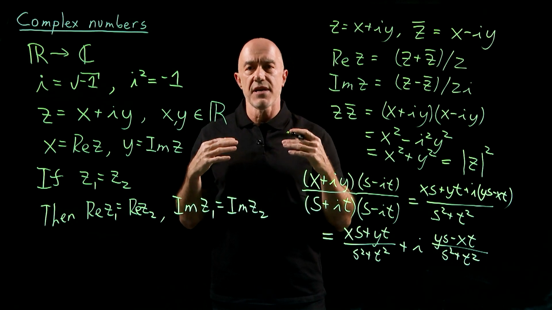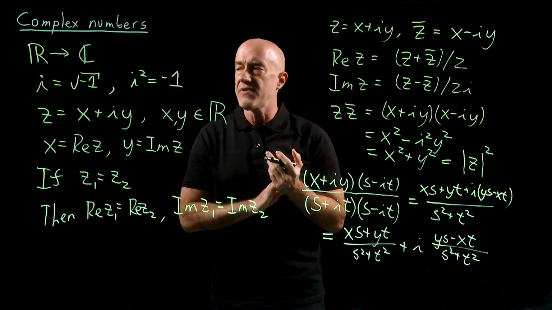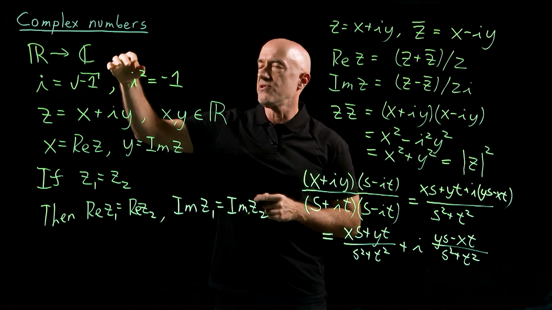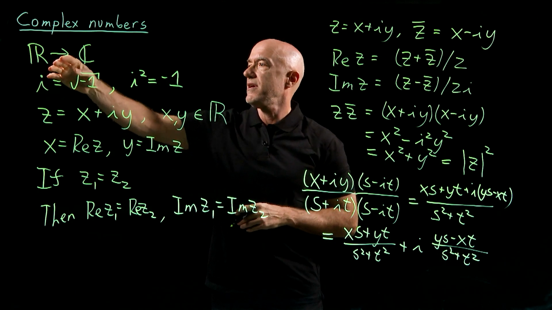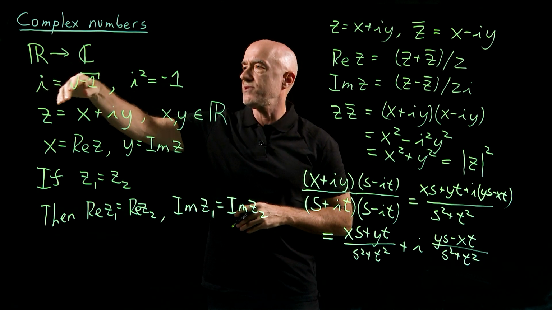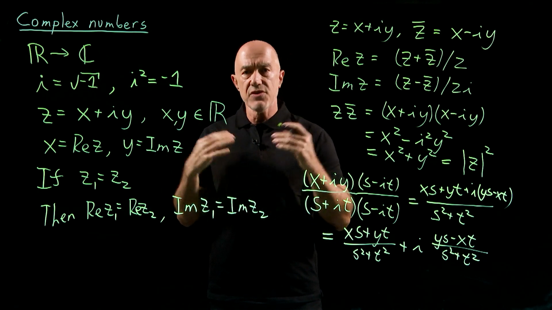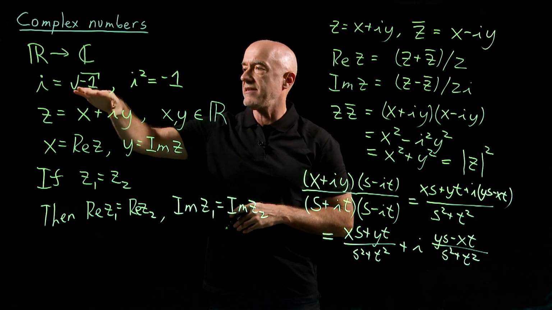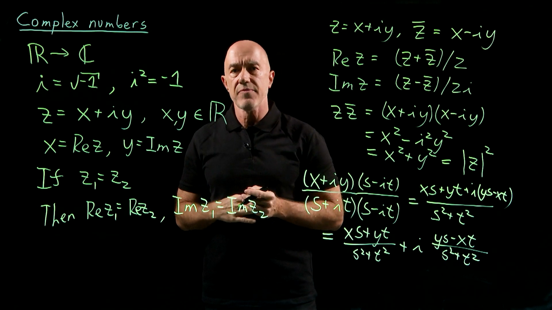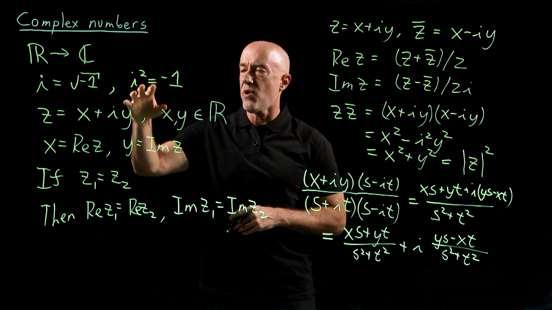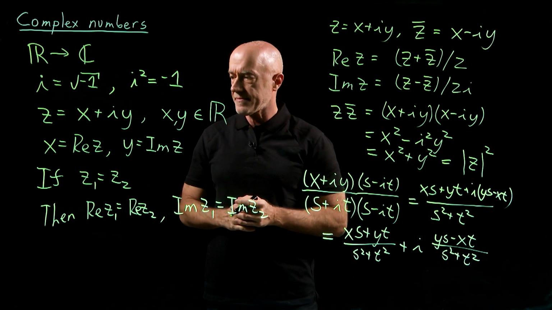In our application section of calculus, we're going to introduce the complex numbers. So we're going to extend the real numbers to the complex numbers. That introduces a number which we write as the square root of negative 1. That satisfies that its square is equal to negative 1.